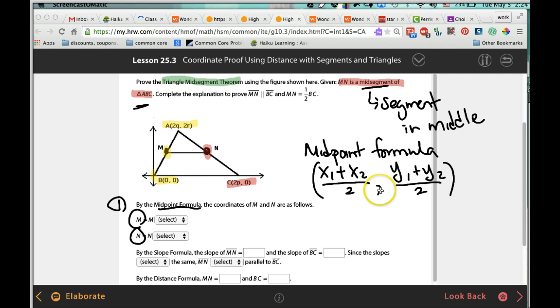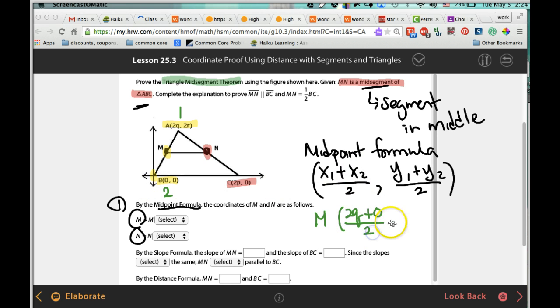And that's it, okay? So now let's go ahead and plug it in to find point M, okay? So I want to find point M, and it's right smack in between A and B. So I'm going to say this is my group number 1 and this is my group number 2, okay? So the x value in group 1 is 2q plus the x value in group 2 is 0.